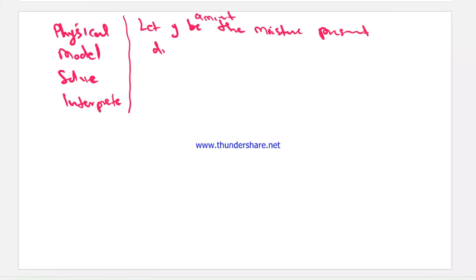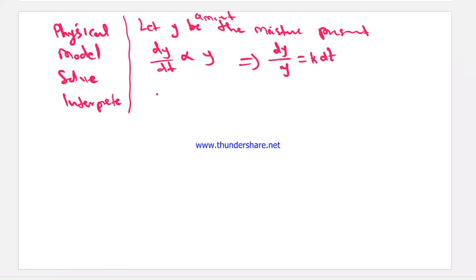So, the physical law states that dY/dt is proportional to Y. And what does that imply? It means dY over Y is equal to K dt, where K is the proportionality constant.